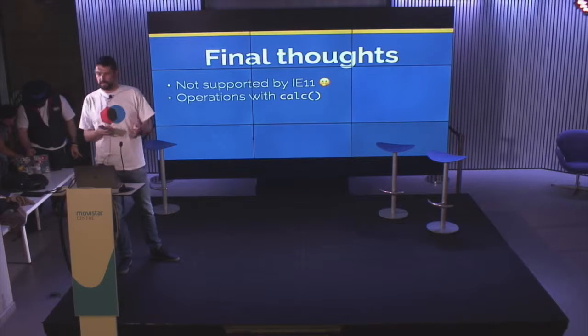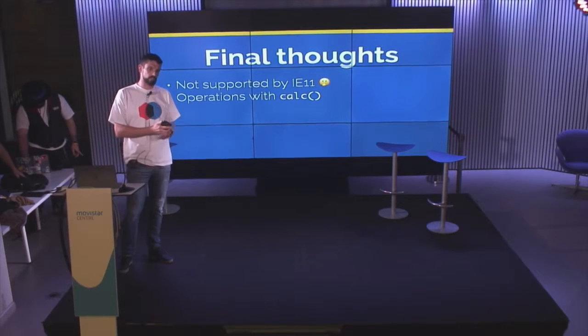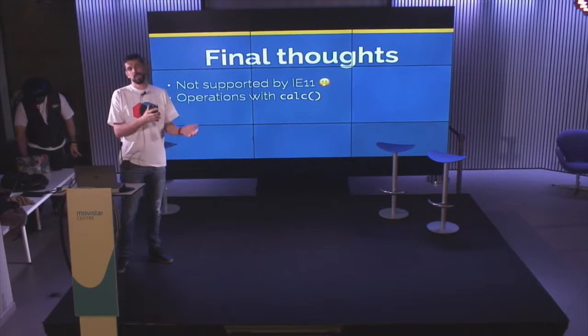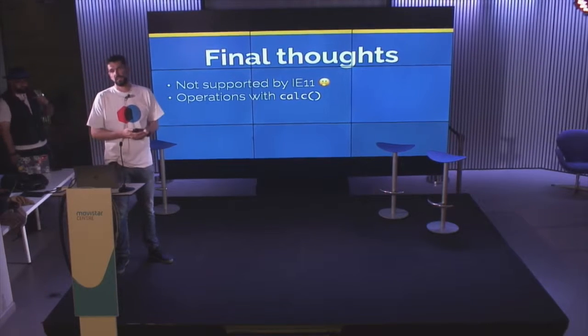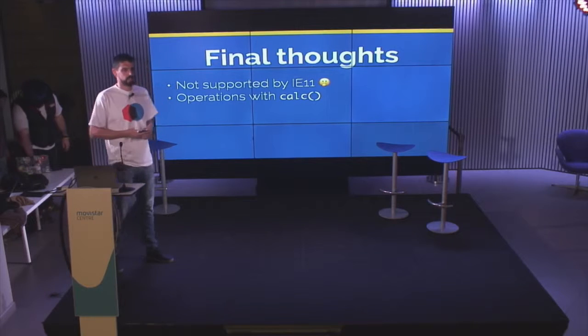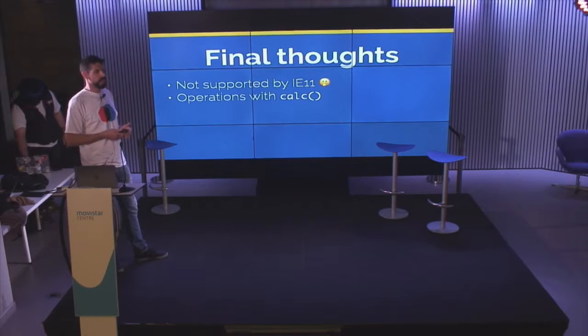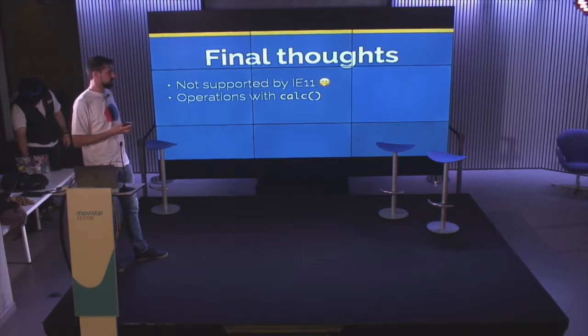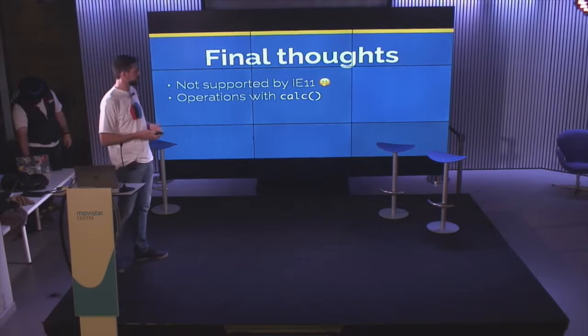As I said, this talk is not about how to replace Sass with custom properties. We can compare them, and we can do it, but it's not the main aim of this talk, and it's not what we really want in our architecture.